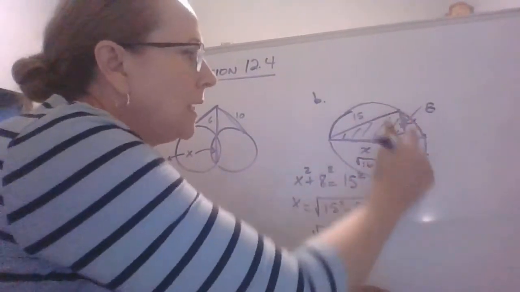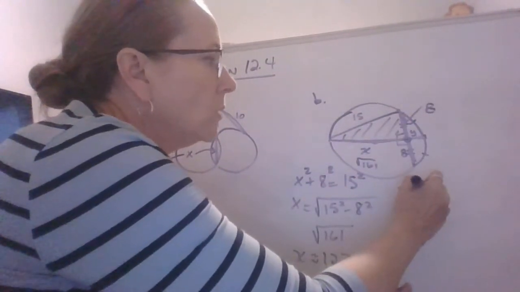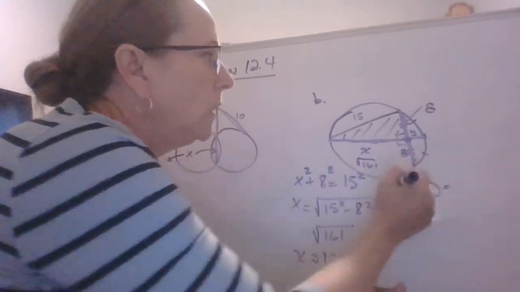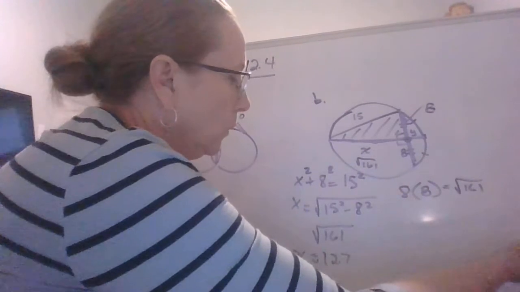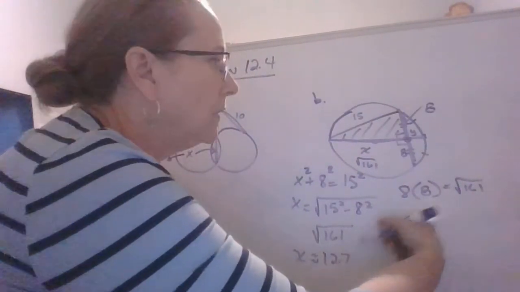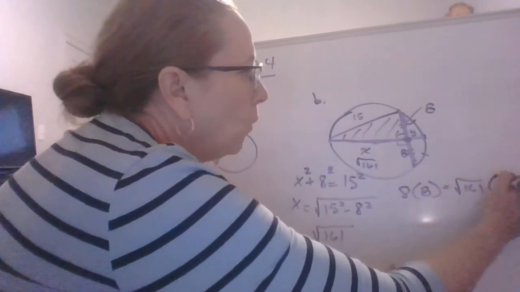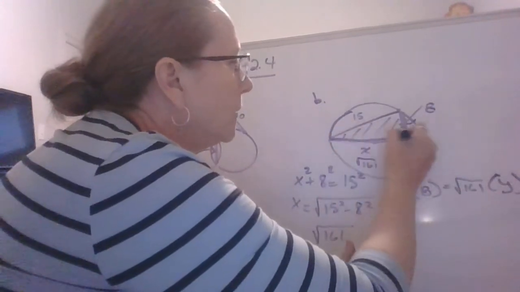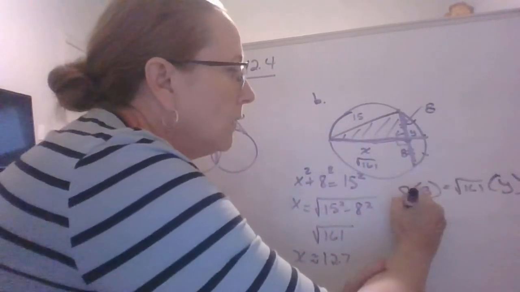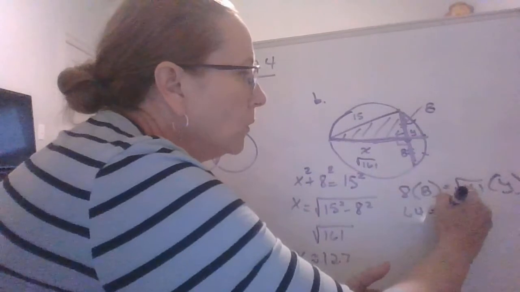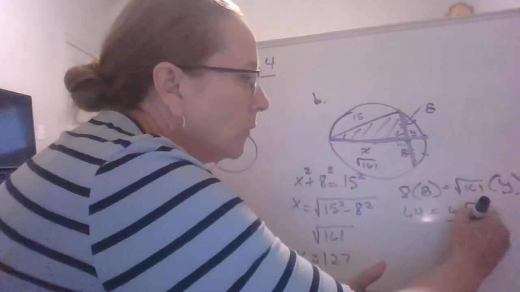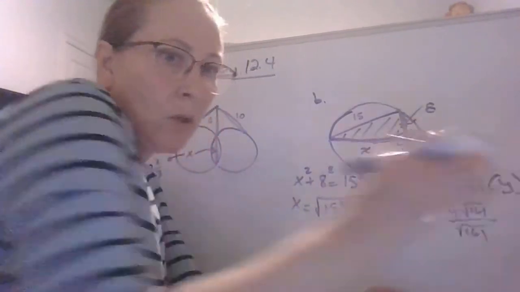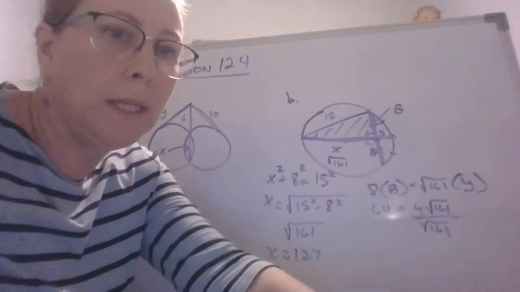So 8 times 8, those are the values on the first chord, is equal to the square root of 161, or you could put in 12.7 if you wish, times y, because those are on this chord. So we have 64 equals y times the square root of 161, divide by the square root of 161.